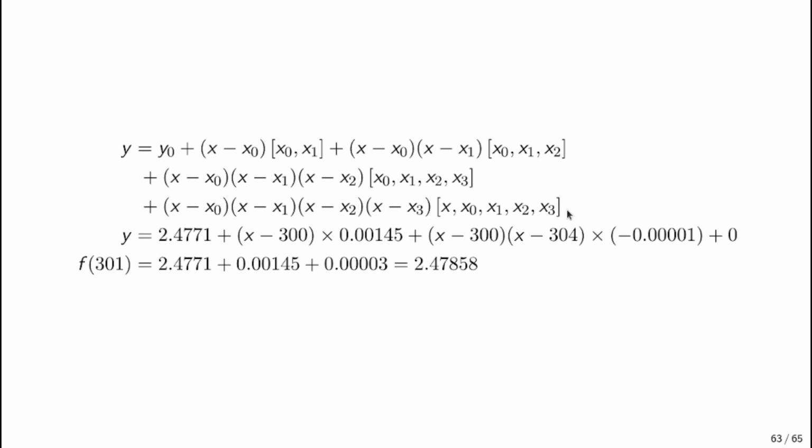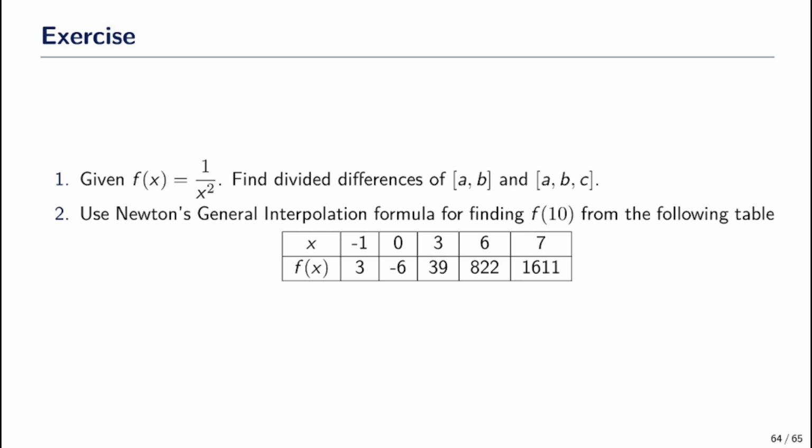By just adding one more term to this, you will get the new polynomial for y. We only have to modify the last term and add one more term. That is the advantage of Newton's general interpolation formula. Try these problems yourself.